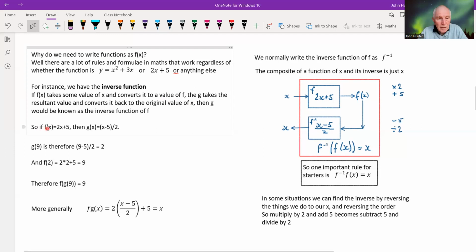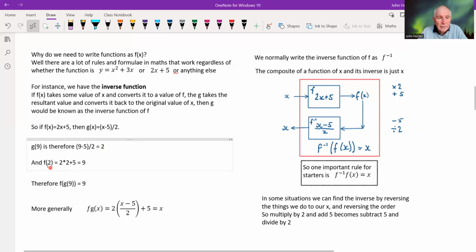So if f of x is going to be 2x plus 5, then g of x would be x minus 5 divided by 2. I'll get to why I know it's that. So g of 9 would therefore be 9 minus 5 divided by 2, which is 2.